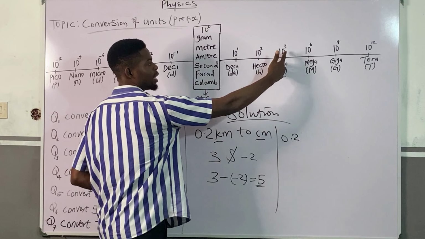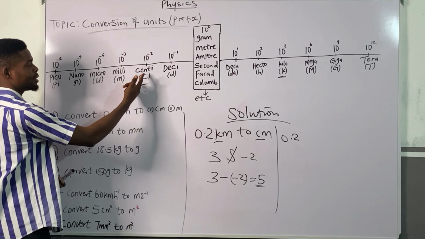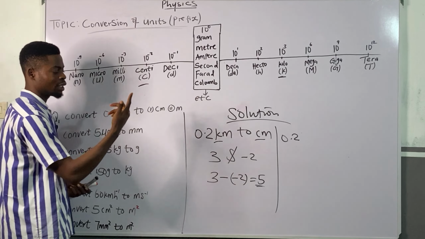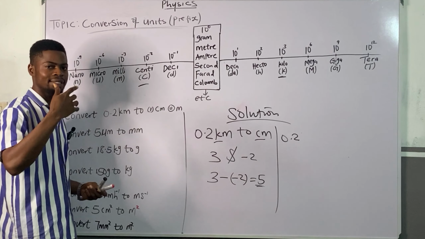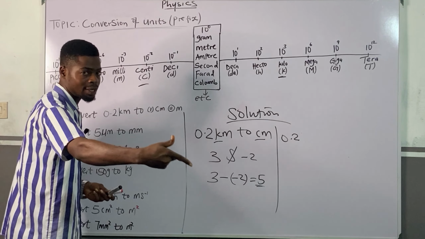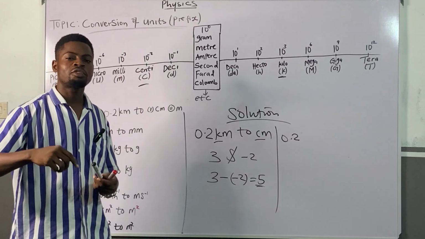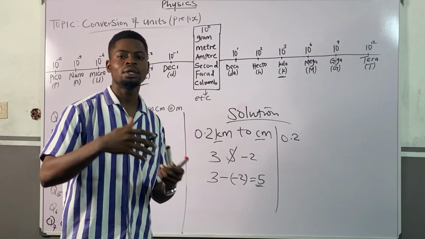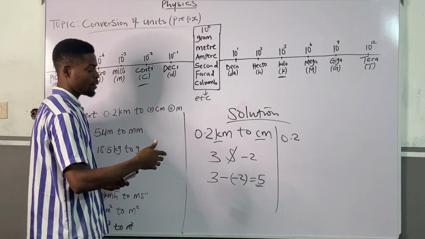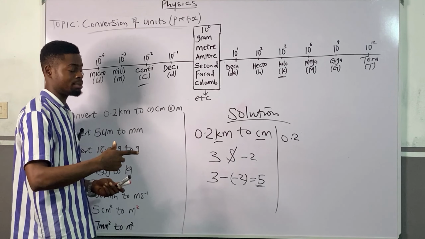You can see kilo here is 10 power 3, then centi is 10 power minus 2. So kilo is greater than centi, and that is why you are moving toward the right, 5 times. But if you are converting from a less unit to a greater unit, then you're going to move the decimal point toward the left 5 times.